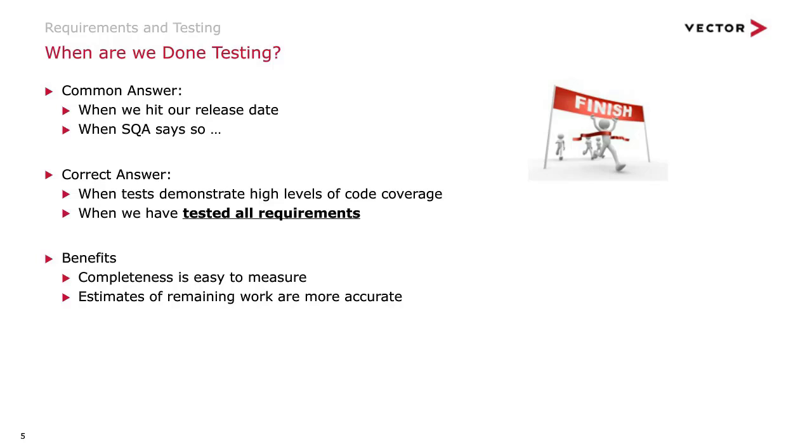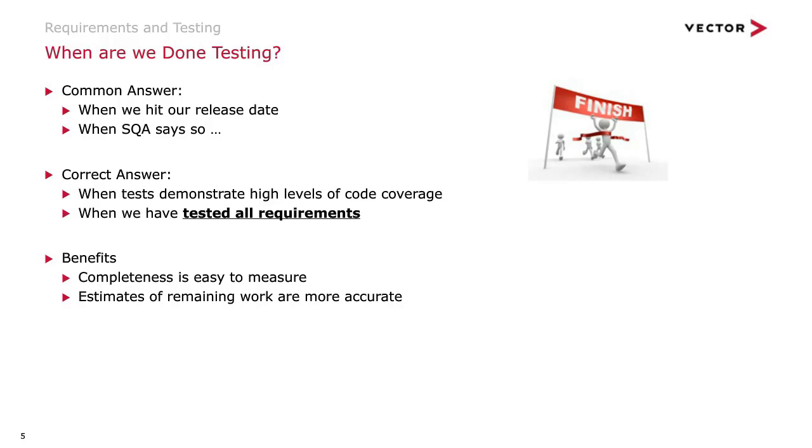And when we come up with that date, we say, well, we must be done and we're ready to release the software. Or maybe you have an SQA department that is making decisions about when you're ready to release software, and when they say you're ready to release, that's when you release.